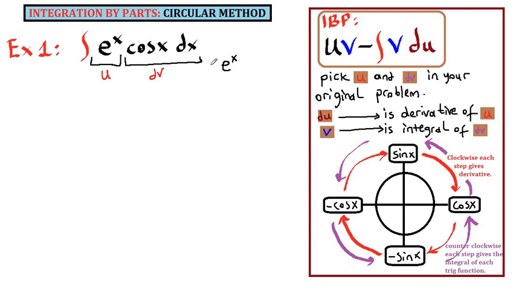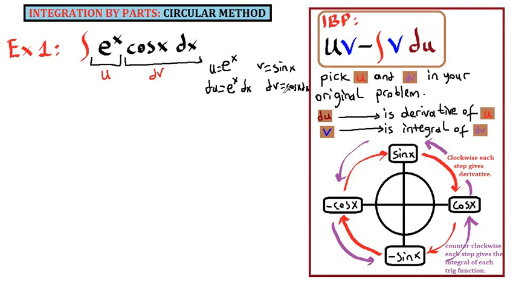Our u is e to the x, so du will be the derivative of this, which is e to the x dx. And our dv is cosine x dx. And v will be the integral of this, the integral of cosine, if you go counterclockwise, sine x.